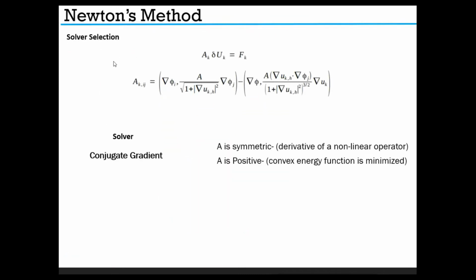So what is it actually? It starts from the solver selection. This is the previous equation, where A is one of the matrix forms, which is proportional to UK, and UK is this derivative.